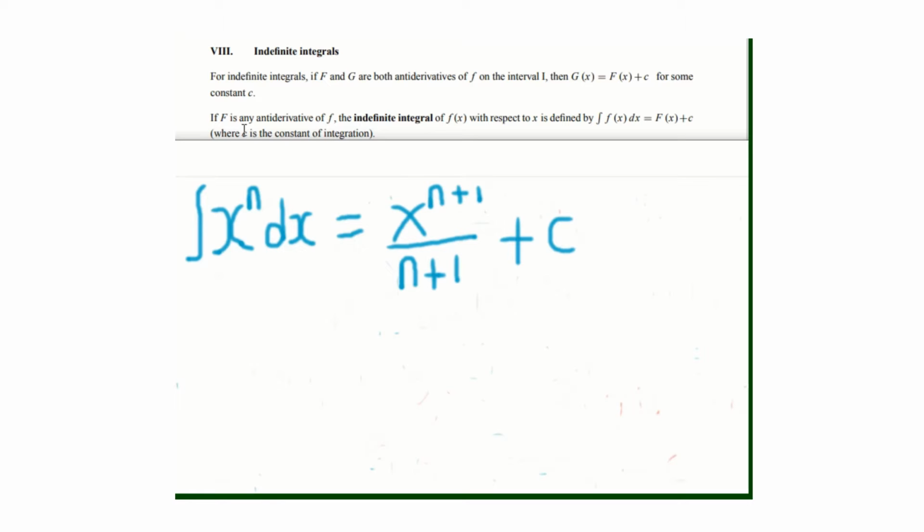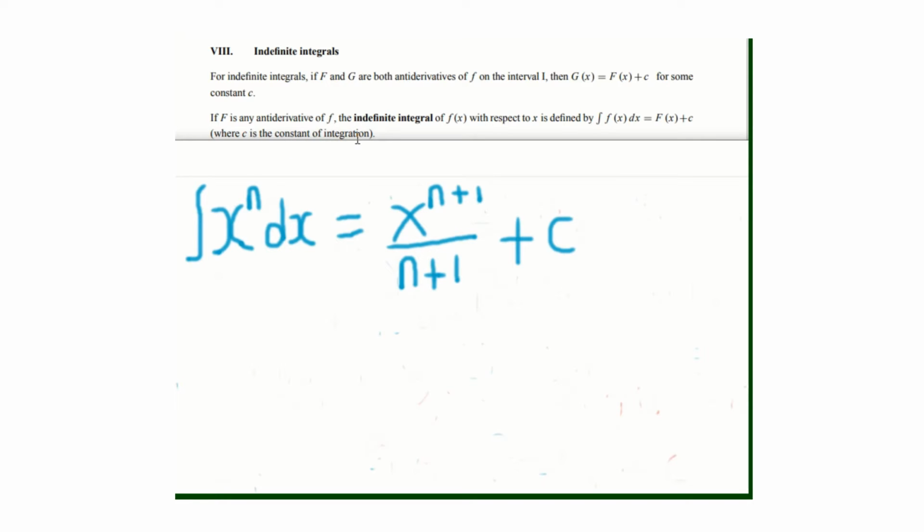In other words, if capital F is the antiderivative of the small letter f for a certain function f, the indefinite integral of f of x with respect to x is defined by the integral of f of x dx, and it will be equal to F of x plus c, whereby c is a constant, or constant of integration.